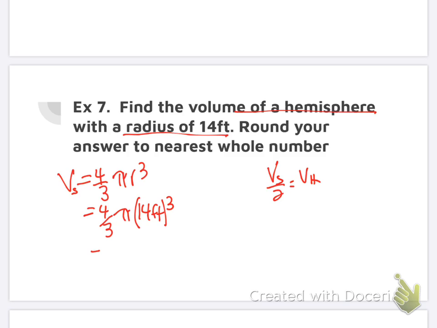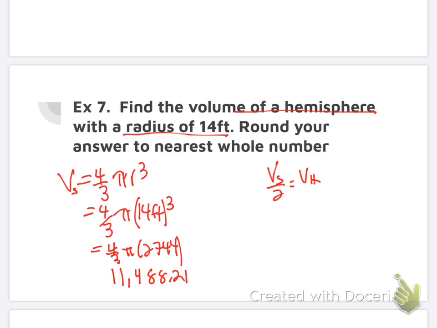So that's 2,744. So times that by 4, times that by 3.14, divide by 3, and I end up with 11,488.21.